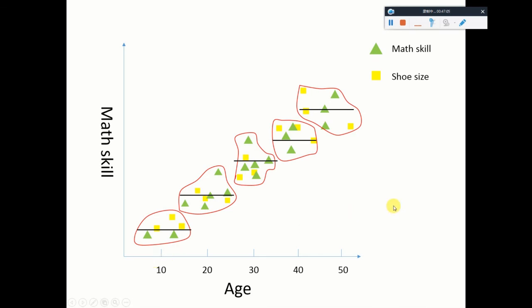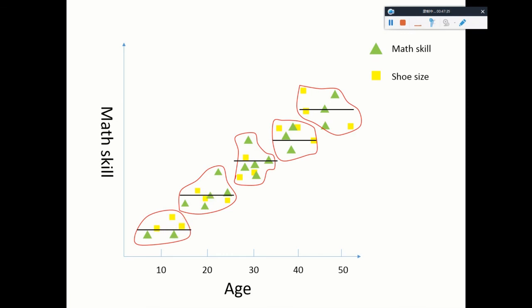And previously, if we recall, once the two variables have no correlation, we can use a flat line to represent the zero correlation. Here we see we have flat lines between math skill and shoe size at each level of age. That means there's actually no correlation between math skill and shoe size at every value of age.